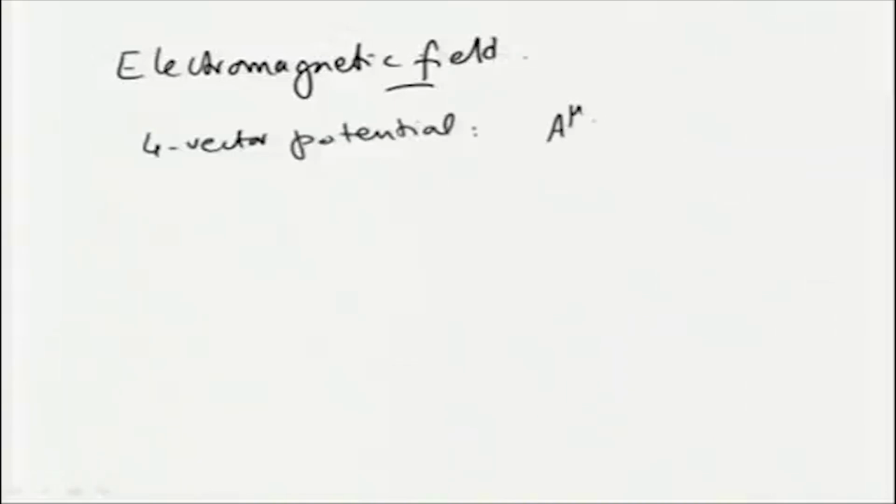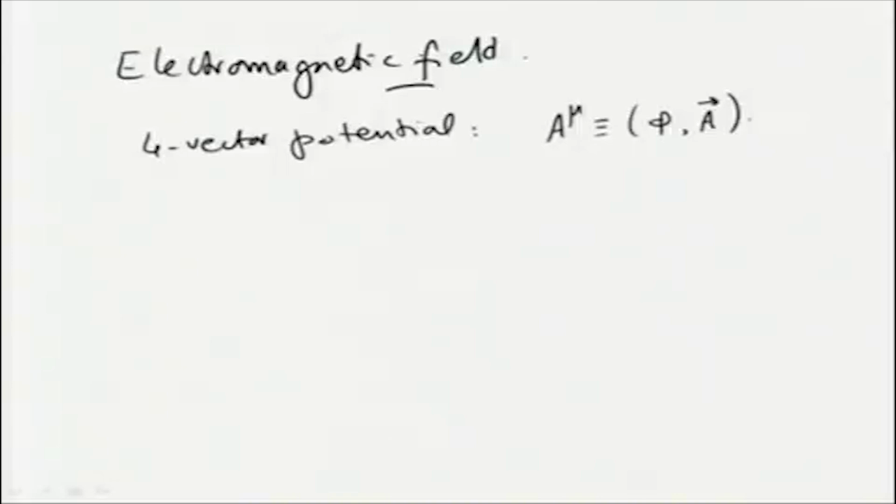So, the electromagnetic field can be described by potentials. We will denote this by A mu, and the zeroth component is the electrostatic potential phi, and the 1, 2, 3 components are essentially the magnetic vector potential.